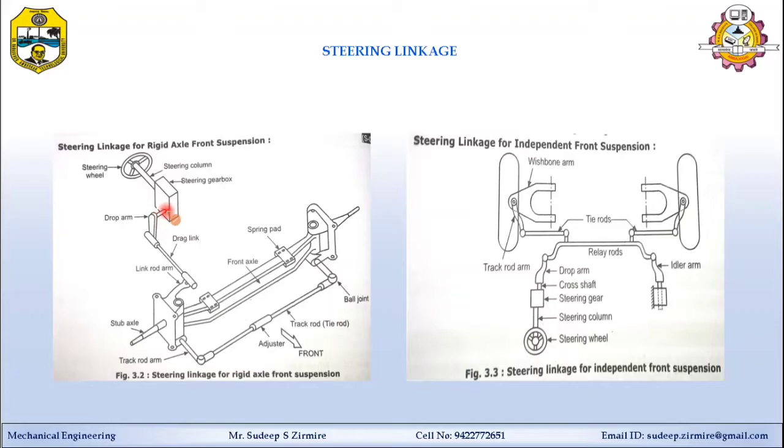The output of the steering box is connected to the drop arm, or pitman arm, and it is connected with the drag link. The other end of the drag link is connected to the forged stub axle here.